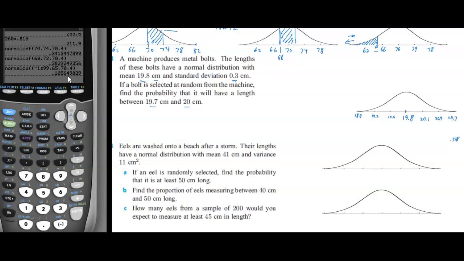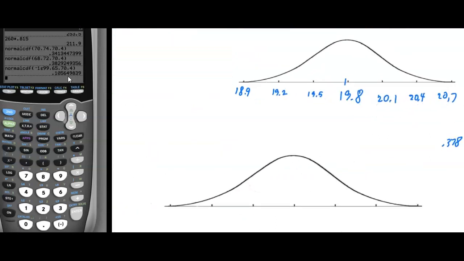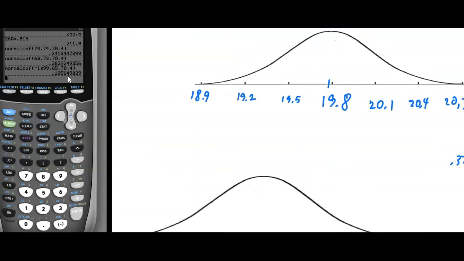Okay, and now I'm going to check to see what is the probability that we'll have a length between 19.7 and 20. So 19.7 would be about here, and 20 would be about here.